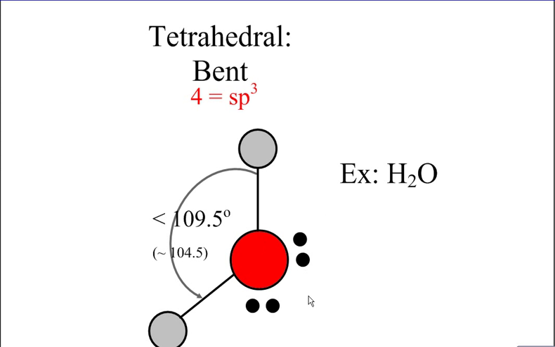Those 2 lone pairs are going to push and repel those bonded pairs even more, and the bond angle is going to decrease substantially. So in the case of water, one of the most commonly known bond angles, water is 104.5 degrees because those 2 lone pairs are going to repulse that bond so much.